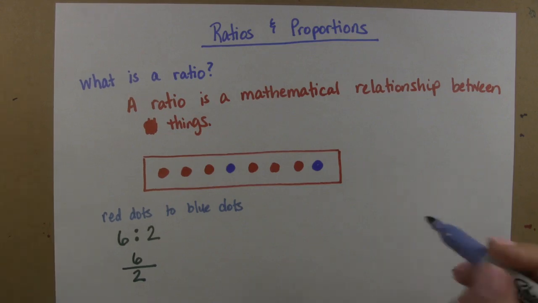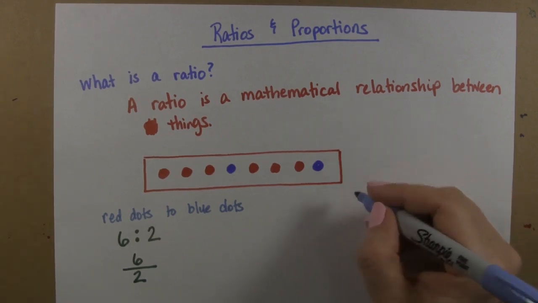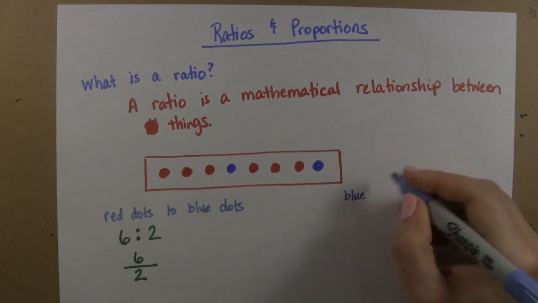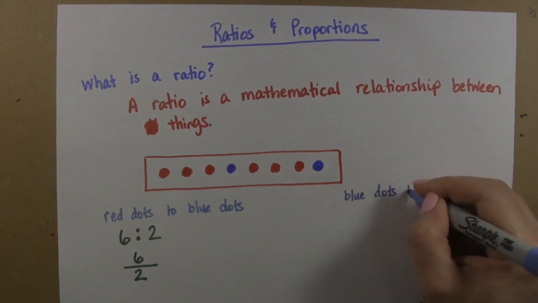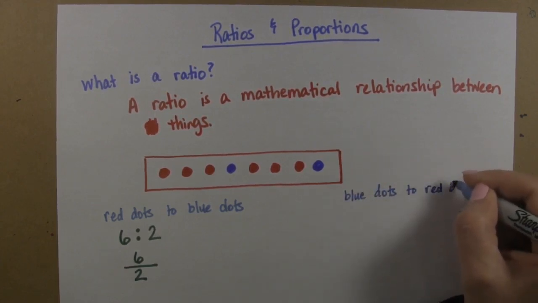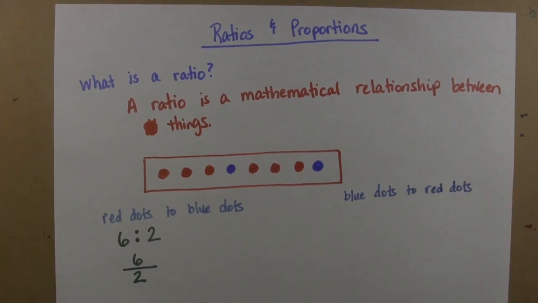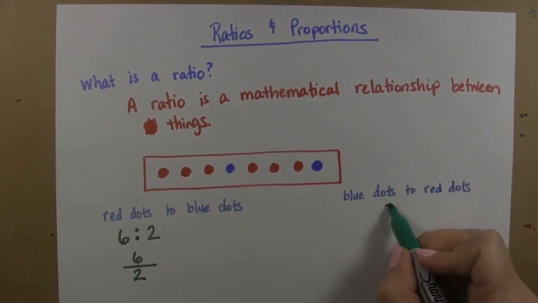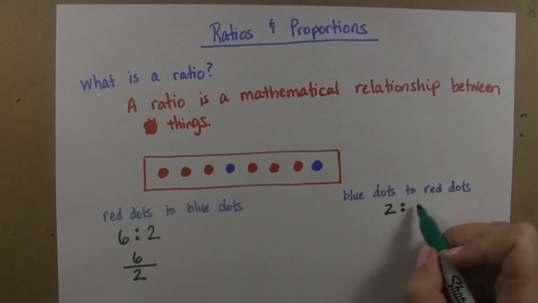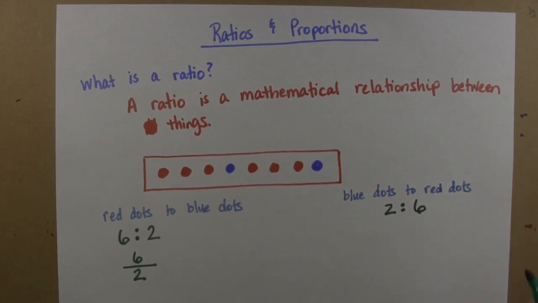Now notice that you get a completely different thing if I ask you about the ratio of blue dots to red dots. In this case, we would list our blue dots first, which is 2, to red dots, which is 6. Or if you were writing it in fraction form, it would be 2 over 6.